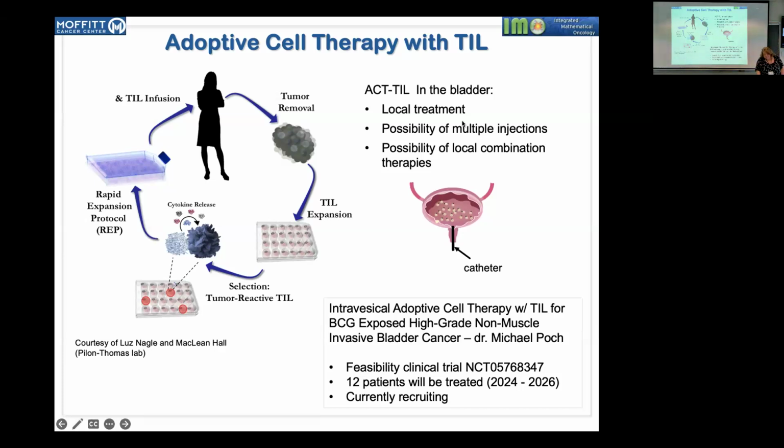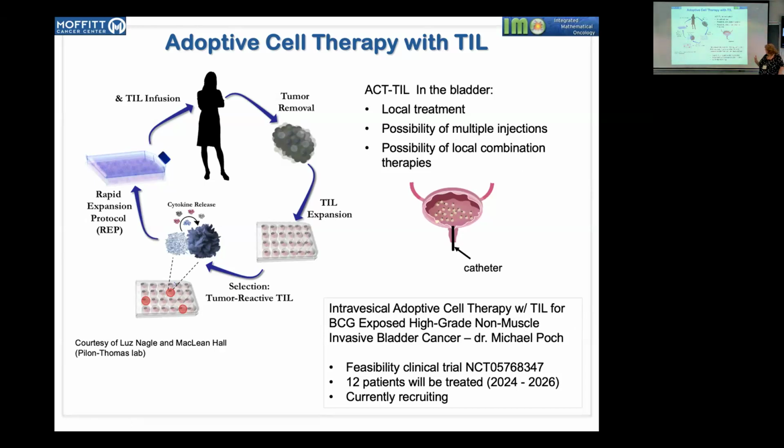And there is a possibility that we can put multiple injections of the TILs and the possibility of doing some combinations because everything will be done locally through the catheter. And as a part of this project that we are collaborating with, Dr. Pop got the funds for the feasibility clinical trial that is now at Moffitt.